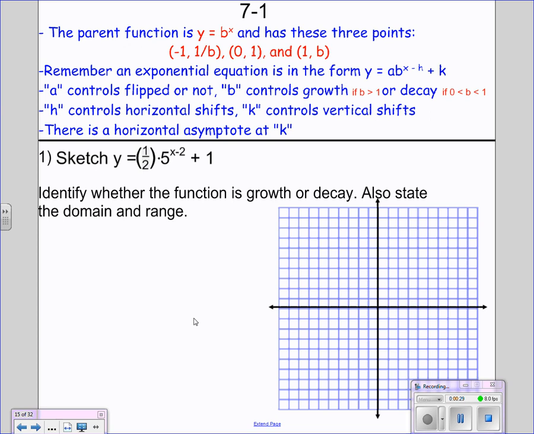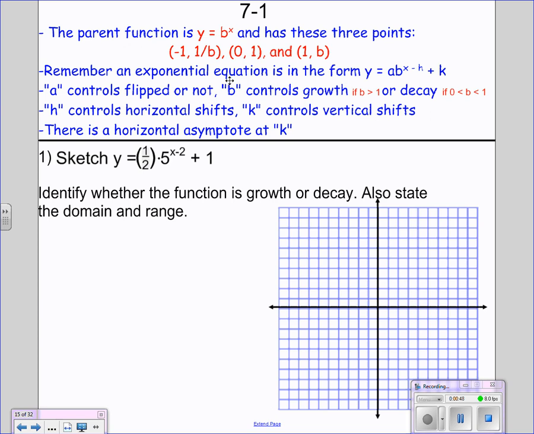Alright, the first thing we're talking about is graphing exponential functions. The parent function for any exponential equation is always y equals b to the power of x, where these 3 points, -1 and 1 over b, 0, 1, and 1, b are always on them.